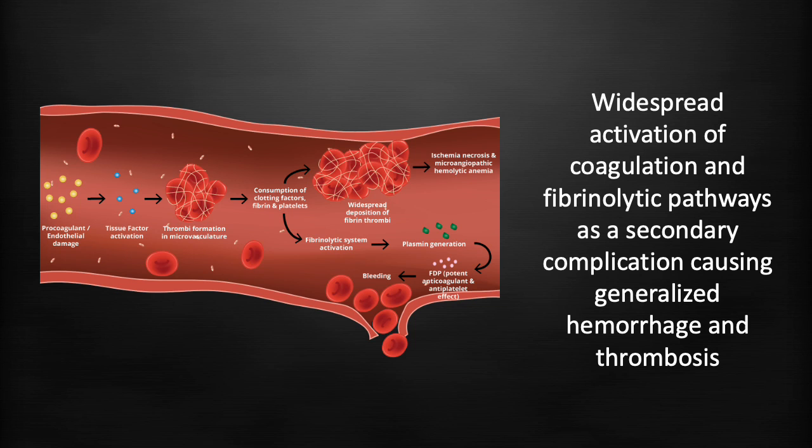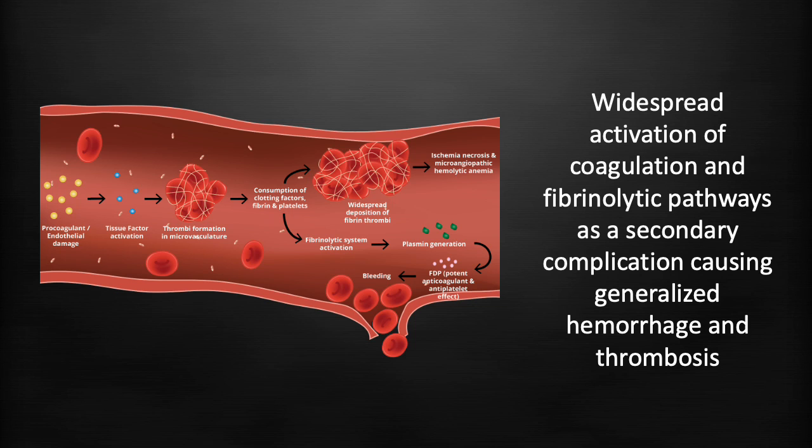DIC is defined as a widespread activation of coagulation and fibrinolytic pathways as a secondary complication causing generalized hemorrhage and thrombosis. This excessive clotting can lead to consumption of clotting factors and platelets, resulting in a bleeding diathesis.